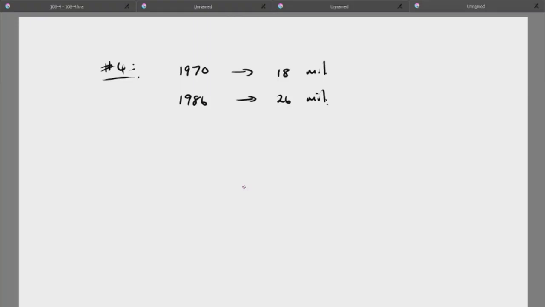I need to know that. Which one is the input, time or population size? Time is the input. And population size changes because time changes.